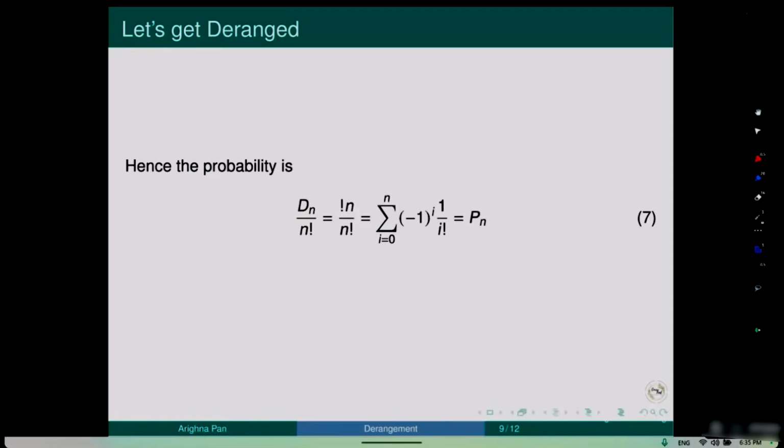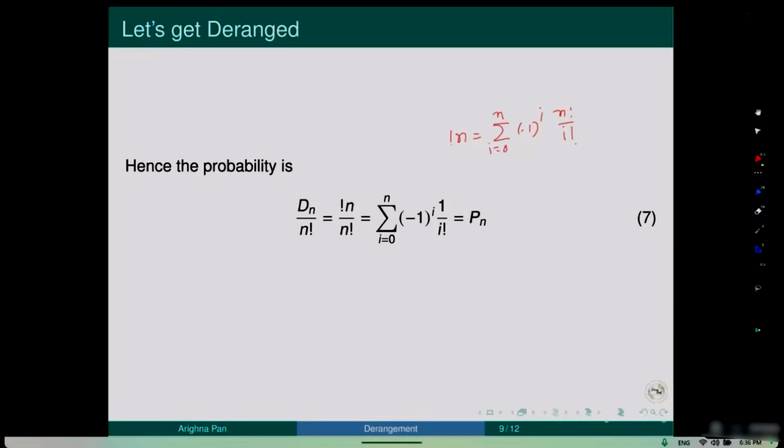So the probability will be what we had, Dn, is equal to the summation from i equal to 0 to n of minus 1 to the power i times n factorial by i factorial. So if we calculate it, it will be the summation from i equal to 0 to n of minus 1 to the power i times 1 by i factorial. And that is our probability.